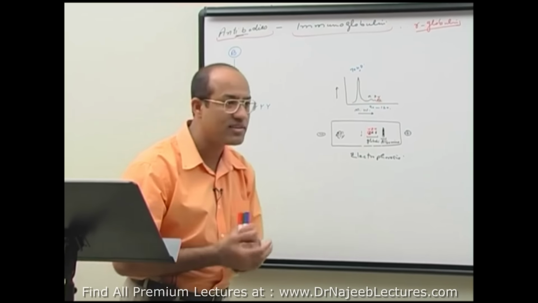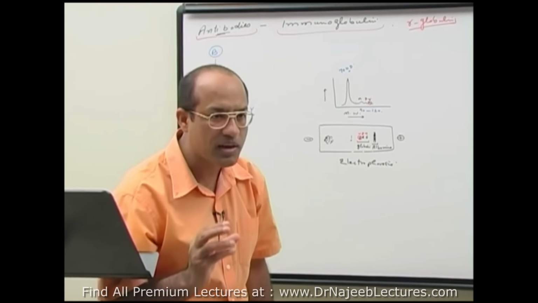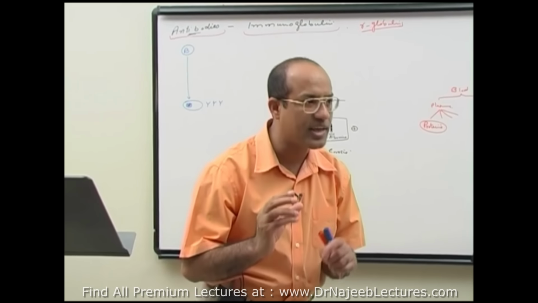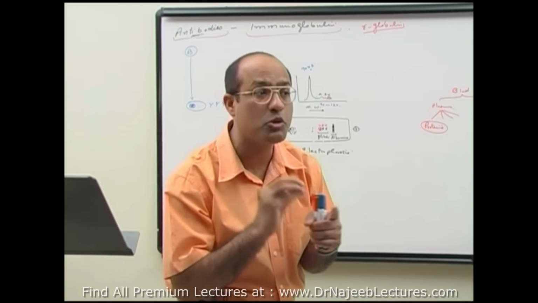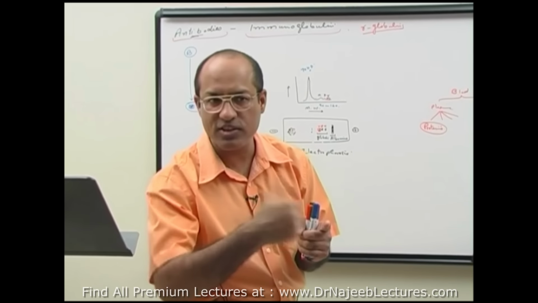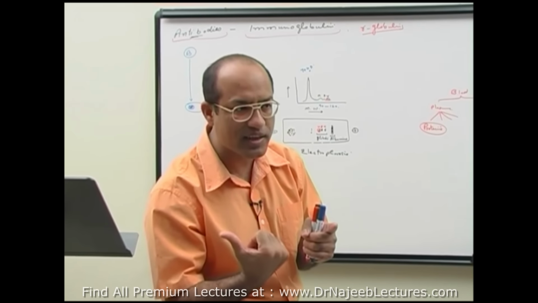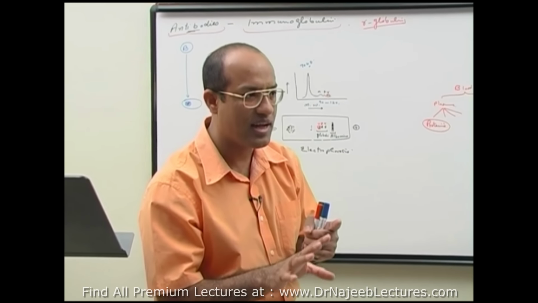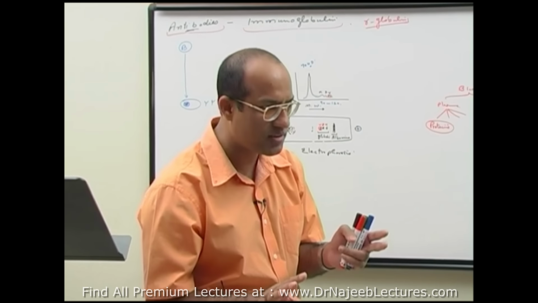So, what are antibodies? Antibodies are protein molecules secreted by the plasma cells which react specifically with those antigens which stimulated their synthesis. Am I clear? No problem up to this?